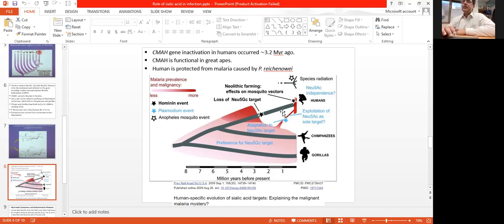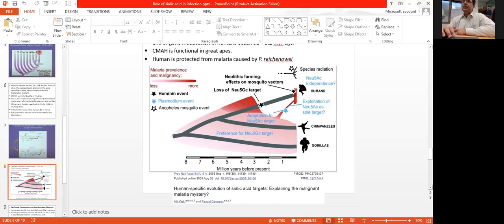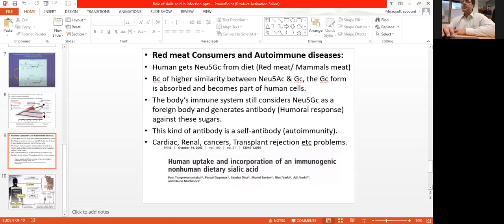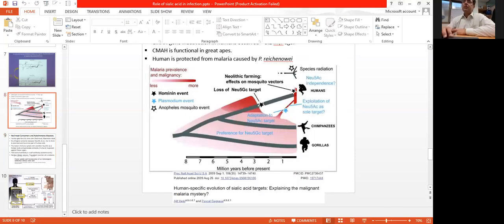This speciation, taking place due to evolutionary pressure, resulted in the formation of Plasmodium falciparum, which is causing the more severe form of malaria nowadays. It's a kind of egoistic revenge, because we avoided attack by the Plasmodium species for many years.